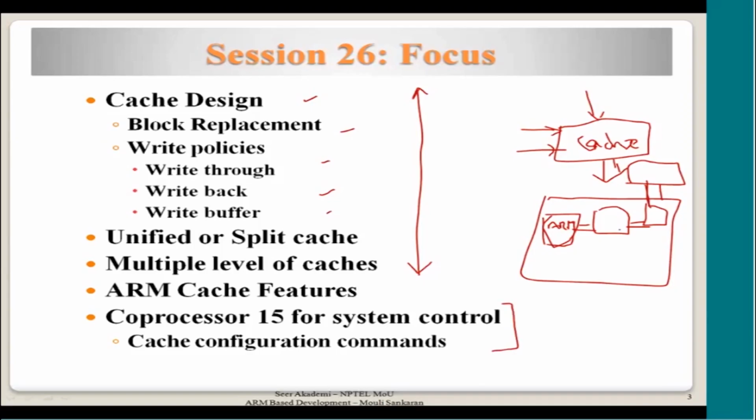When I come to the coprocessor I will talk about that. So that will give you how we control the cache inside a processor. That's going to be our focus. With this discussion we will be completing the cache related discussion, and then we will continue with the virtual memory management from next lecture onwards.